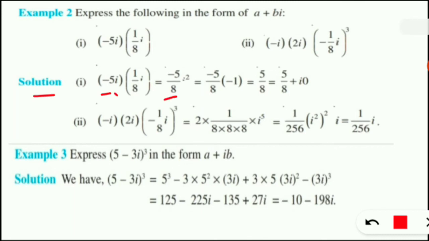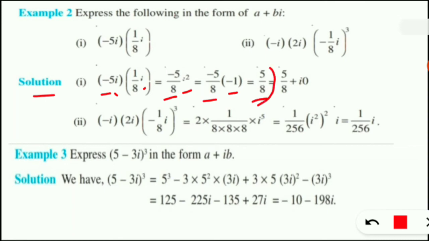So here is i and here is also another i, so i into i, so i square. Okay, so minus 5 by 8 into i square. We know that i square equals minus 1, so minus 5 by 8 into minus 1, so plus 5 by 8.